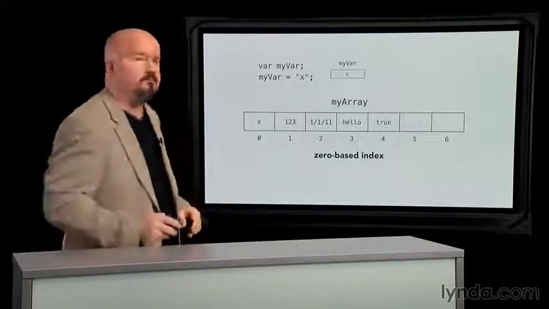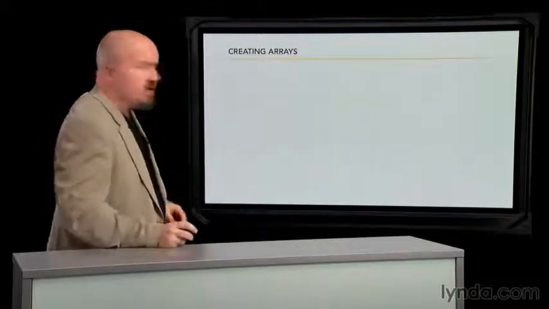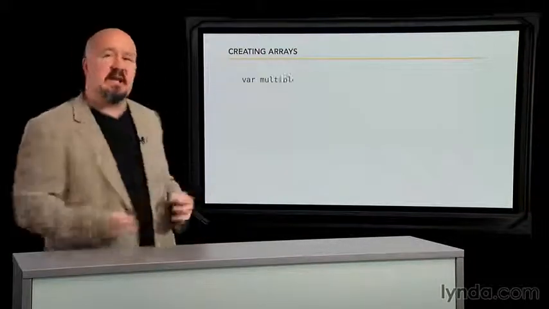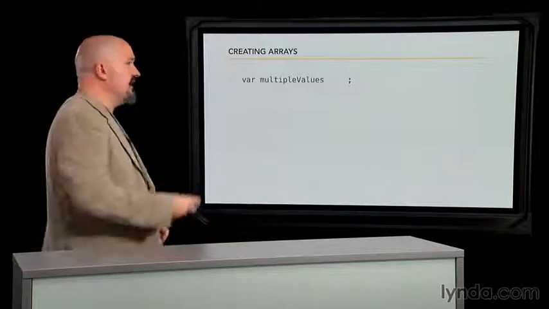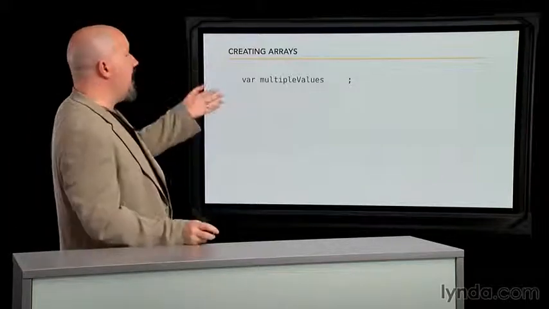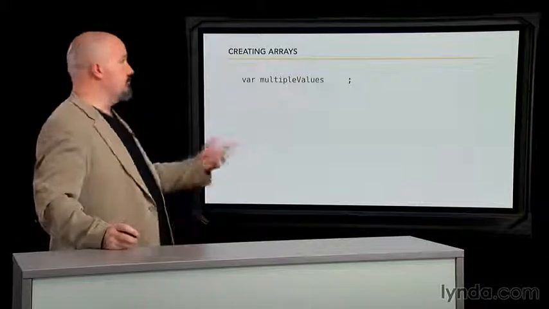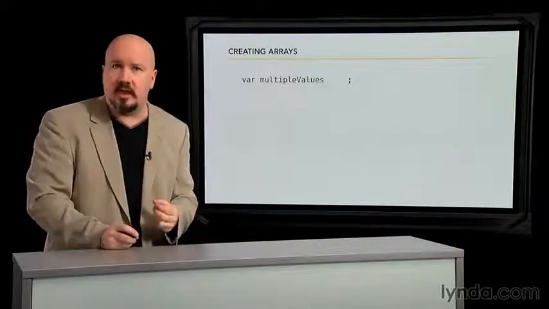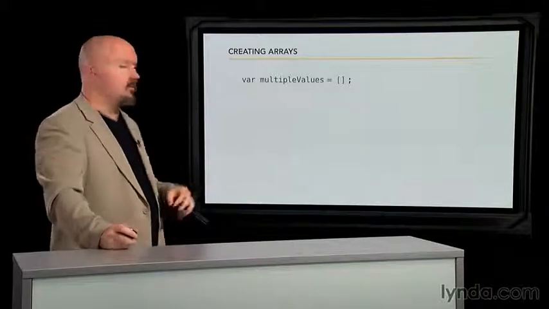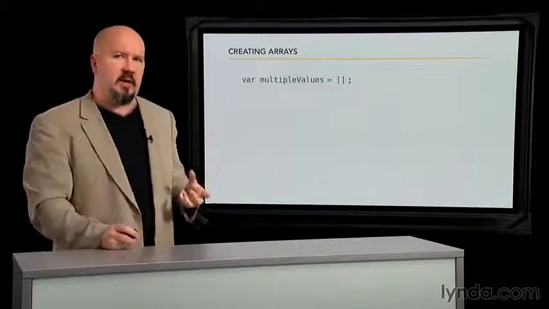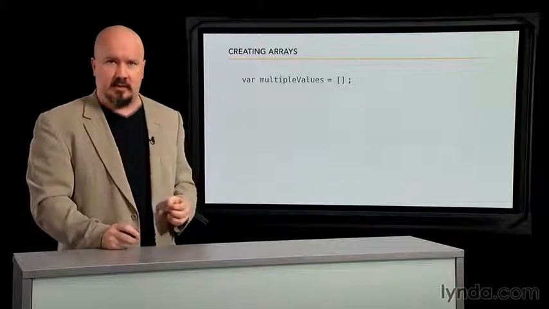So let's make one. In JavaScript, we can make the variable the same way we always do it, but we need to tell JavaScript this is an array. There's actually a few ways to do it, but this is the easiest one. We use the word var, and I'm going to call my variable multipleValues. You can call it whatever you like. Then we'll use the equal sign, and then an opening square bracket and closing square bracket.